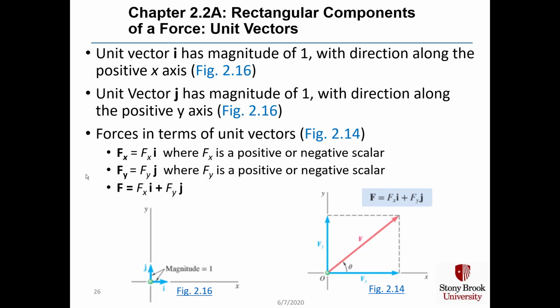The x component of the force is shown in bold as capital F sub x, and that's equal to F sub x in italics times i, where F sub x is a positive or negative scalar. F sub y, shown in bold, is the force component of F that acts along the y-axis, and it's equal to F sub y in italics times j, where F sub y is also a positive or negative scalar.